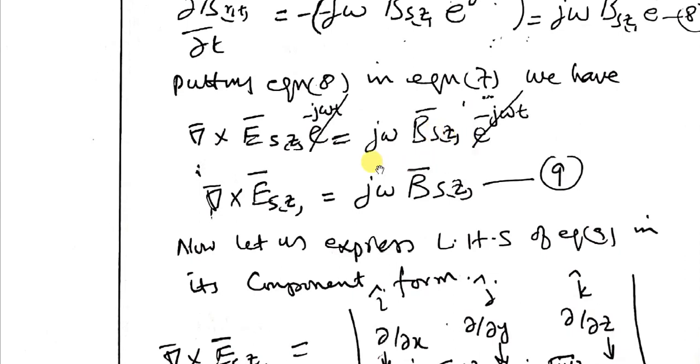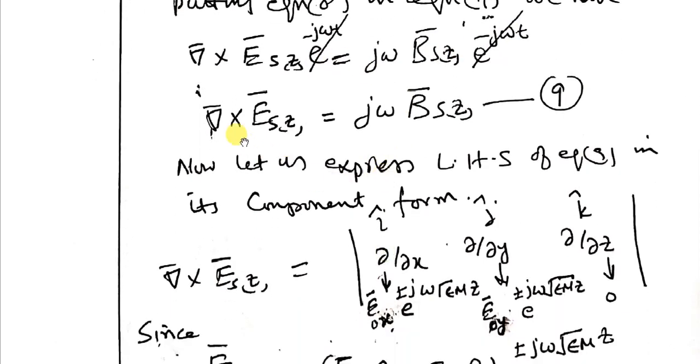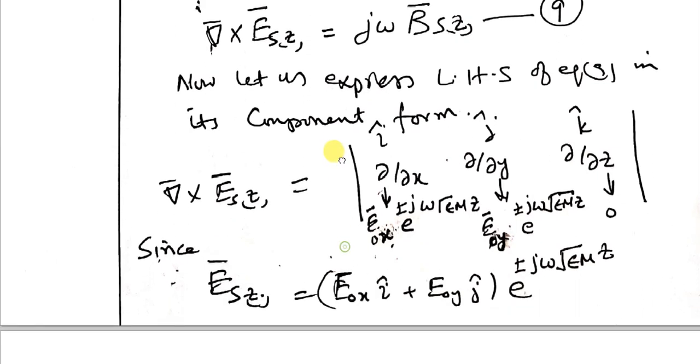So we replace the electric field function as E of S z times e raised to minus j omega t, and e to the minus j omega t cancels out on both sides. We are left with the curl of E S equal to j omega B of S, which is the space dependent part only.